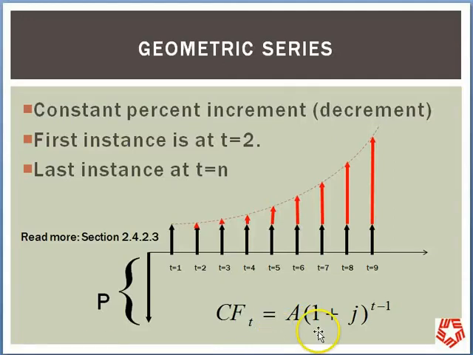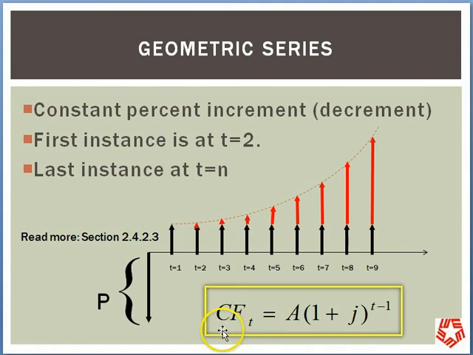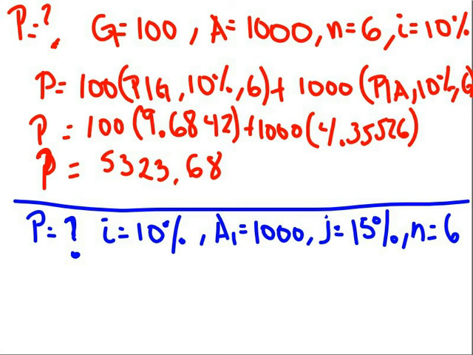We also need to check that the cash flow at any particular instance can be computed as the first annuity times (1 plus j) to the t minus 1, because everything depends on the first annuity. So let's consider a geometric series with the following parameters. The interest rate is 10%, the first annuity is $1,000, the geometric series increases by 15% each period, and there are 6 periods.